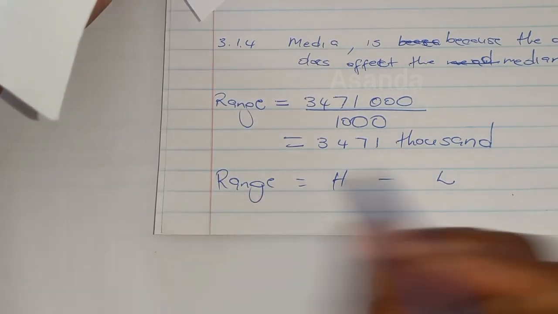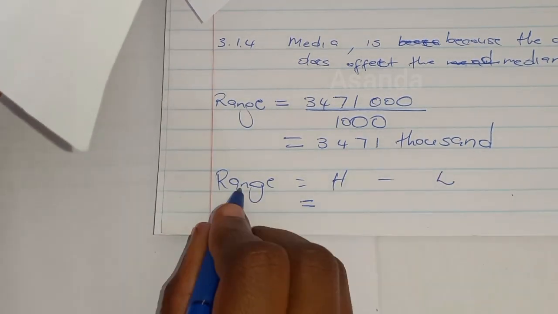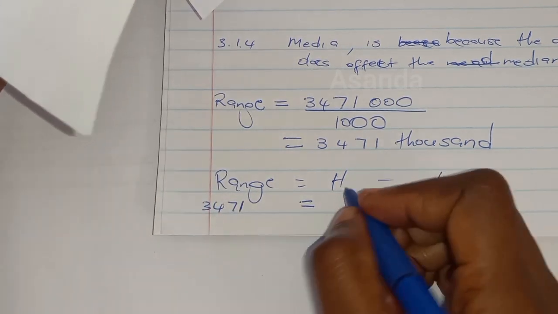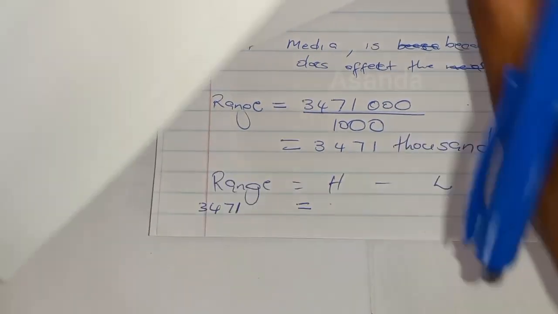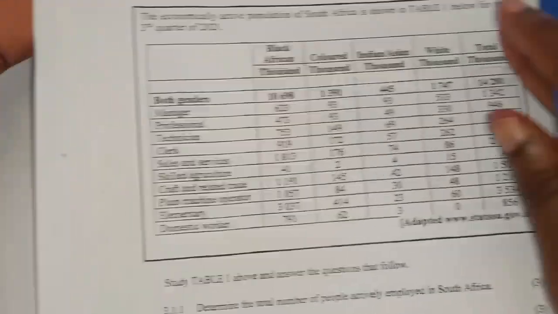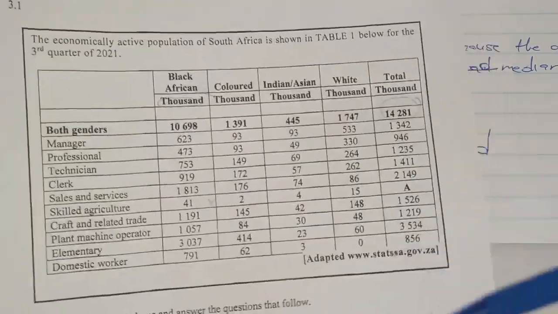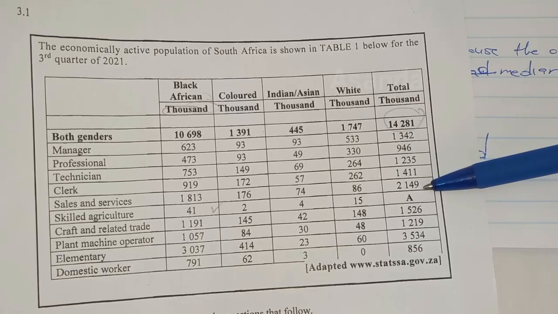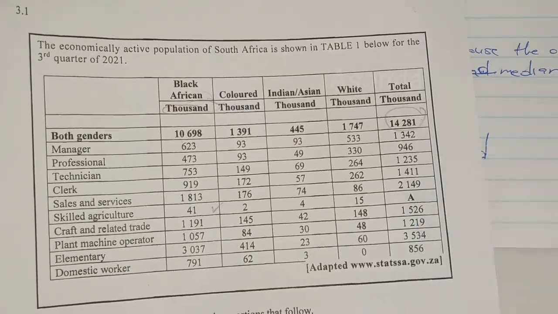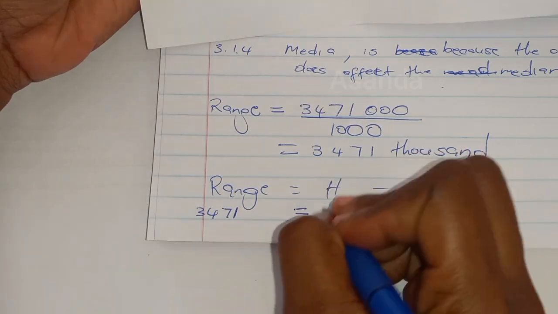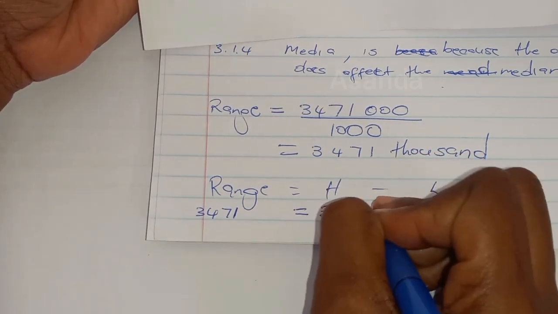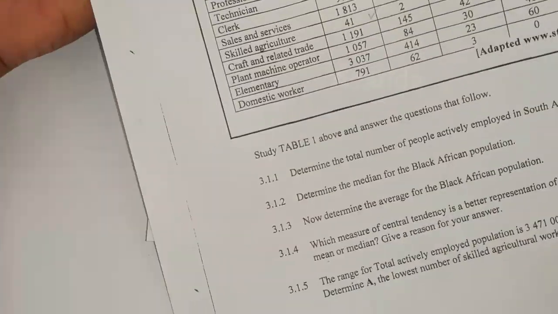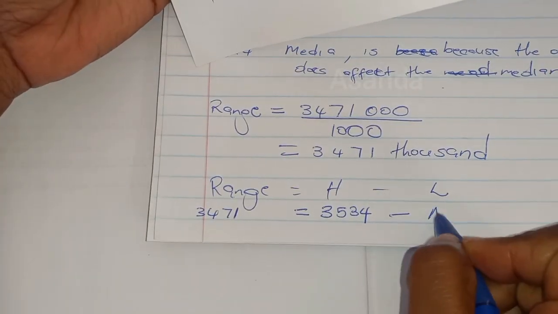And then here I'm going to say the range is given as 3471. We do have the highest data, so we're going to find the highest data here, and that is 3,534. That's the one. 3,534 is the highest data here, and then A will be the lowest data. That means minus A, right?